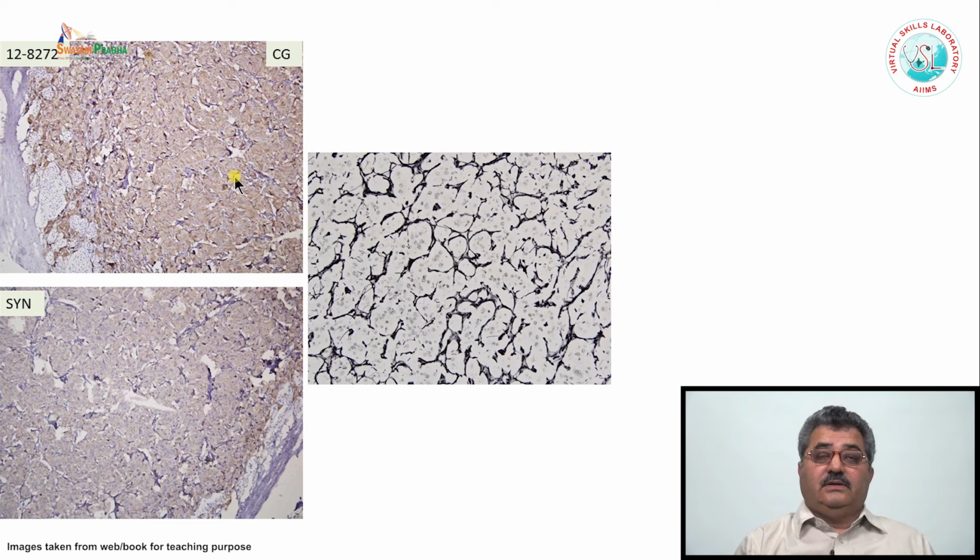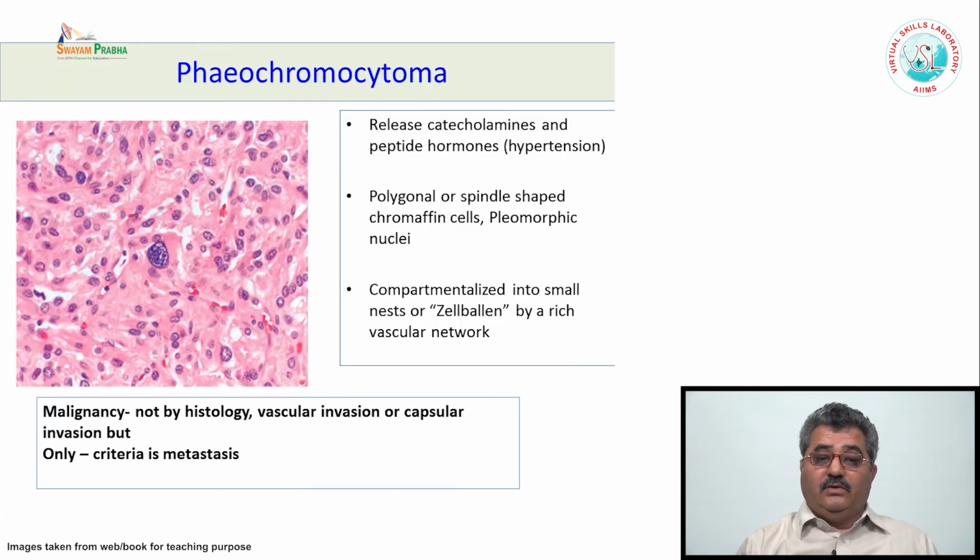These cells are strongly positive for chromogranin, synaptophysin, and maybe for the other neuroendocrine markers, CD56, PGP 9.5. But remember, these are negative for cytokeratin as compared to the epithelial neuroendocrine carcinoid tumor, which are more of epithelial phenotype of neuroendocrine.